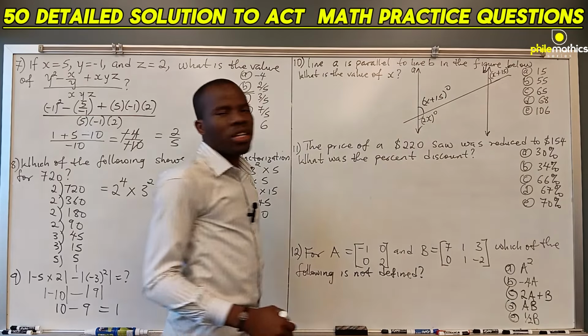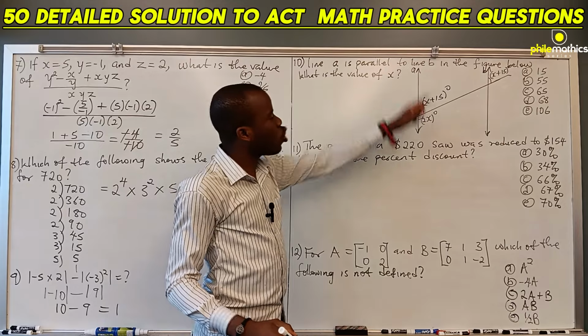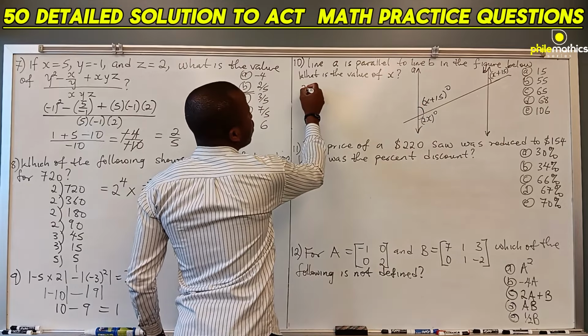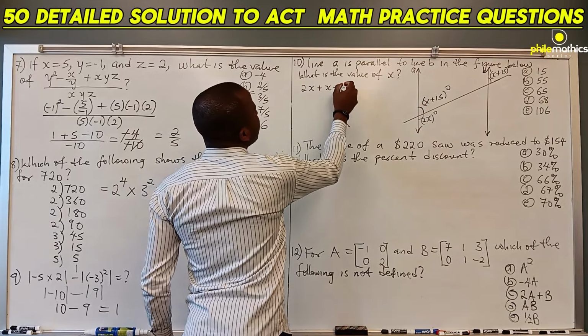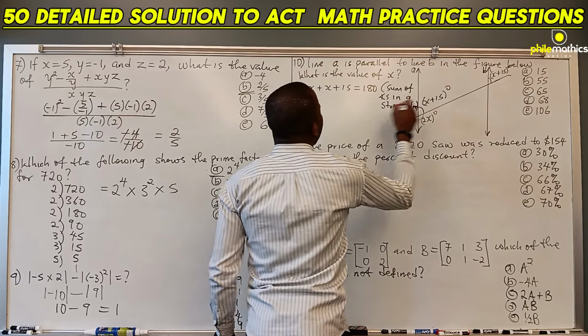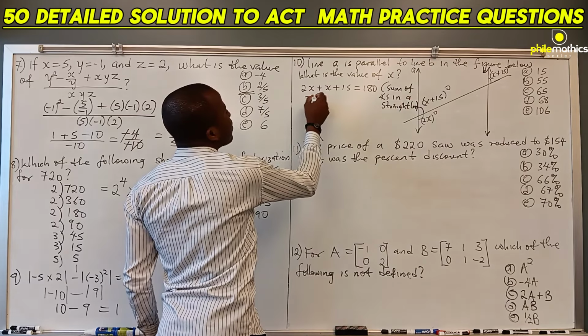And from angles on a straight line, we can sum this. This is 2x plus x plus 15 equals 180. This is the sum of angles in a straight line. So this is 3x.